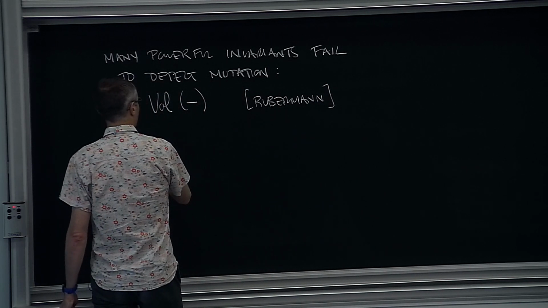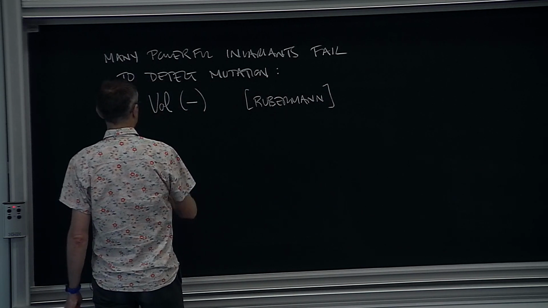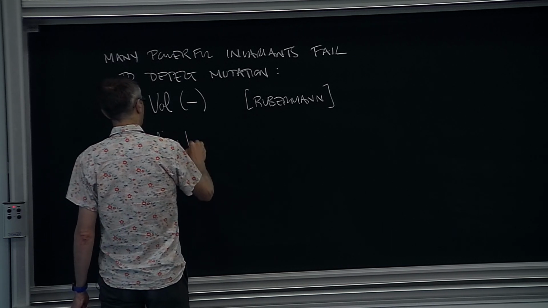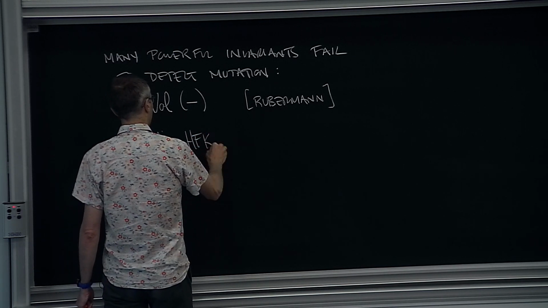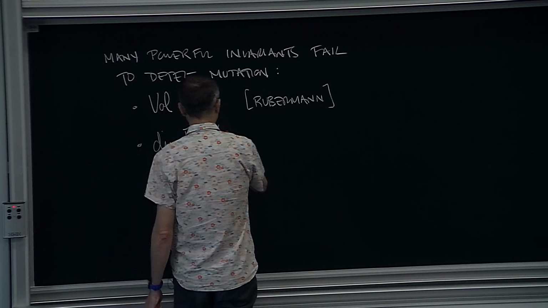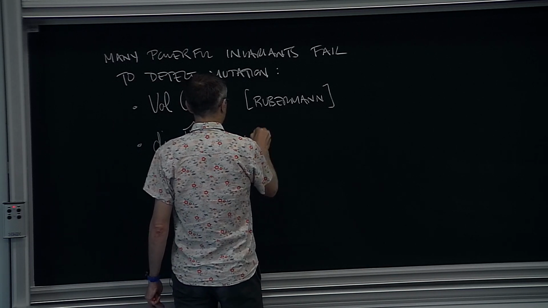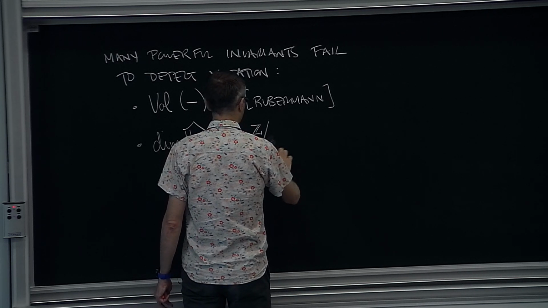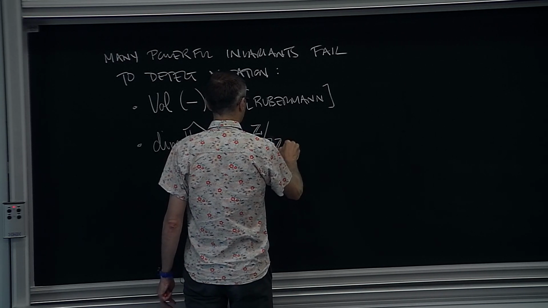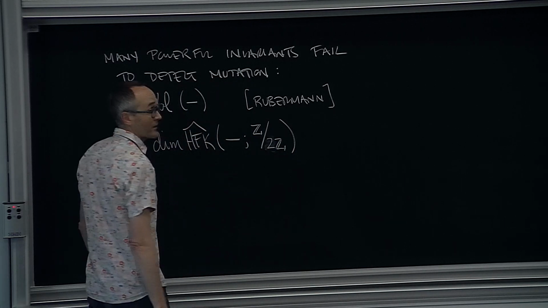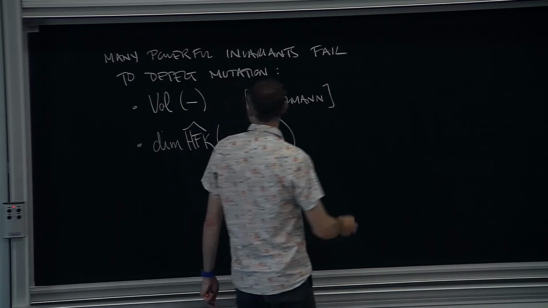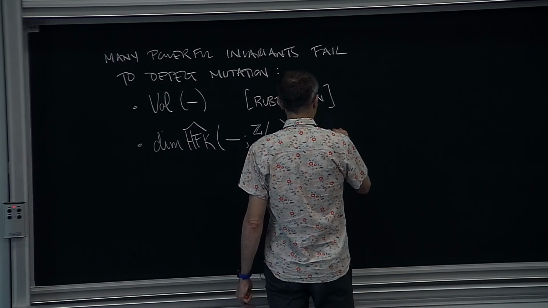And a much more recent result is that if you look at the dimension of the knot Floer homology, this is something fancier, but I'll just say it in terms of the dimension with Z mod 2Z coefficients. So that's something that you can count. This is also a number that will not see mutation.